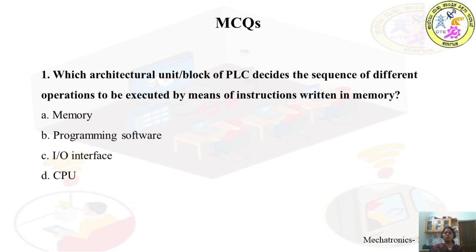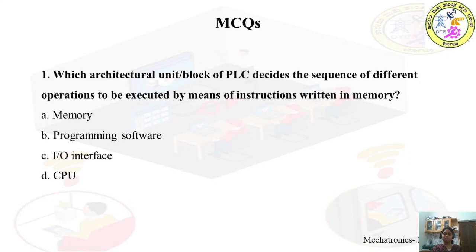Understood? So, let's have a brief summary of today's session. We have studied the internal architecture of PLC. First, we have seen the central processing unit, which performs the arithmetic and logical operations. Next, we have seen the memory.